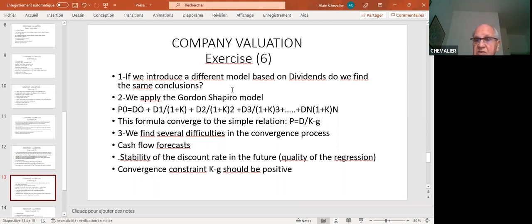In our cases, it seems to be difficult for different reasons to calculate K, cost of equity, via our models, but you are able to calculate G through the regression processes I explained. You know the next value for D. Your company is listed on the market, you know P and the value of the company. So you are again able to calculate the last data, which is missing, which is K, the cost of equity in that case.